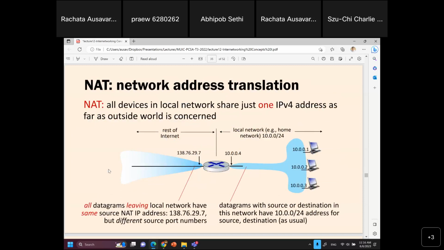Your device in the local network, like your laptop or your mobile phone, from the outside world, has the same IP, connected from Mahidol University, because it's the same network. Anything that leaves the local network will be assigned the same IP. But here's the difference: you have different source port numbers, because you establish that connection.